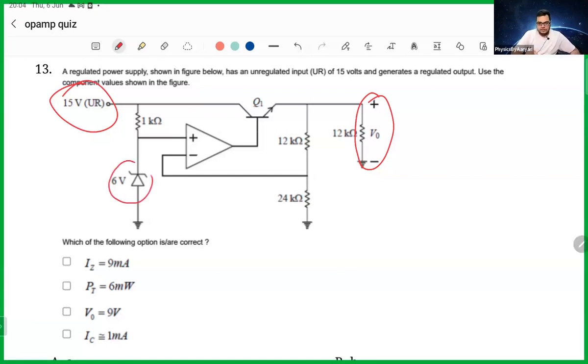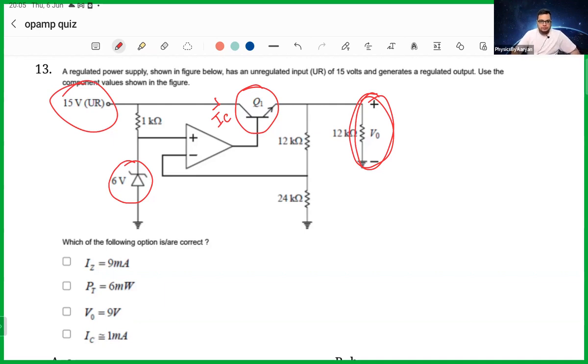Then PT, the power across the transistor. Then V output, the output voltage. And fourth, what is IC, the collector current? If we are able to answer these four questions, we are done.